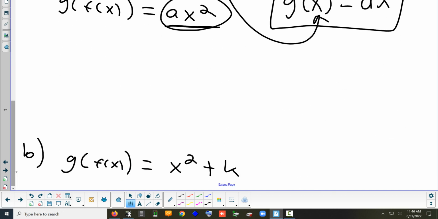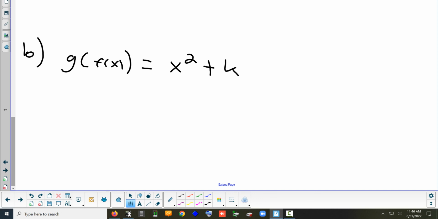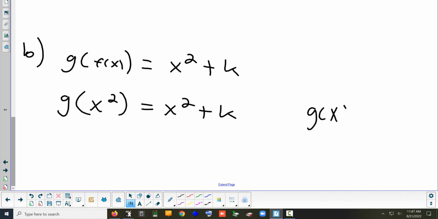Let's try this one. Remember, f of x is still x squared. So what could I plug x squared into this time so that it comes out to x squared plus k? Yeah? x plus k.